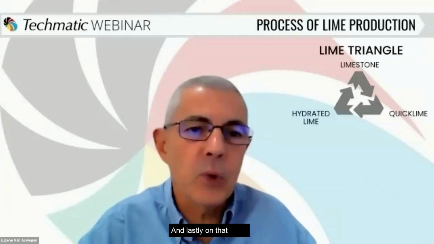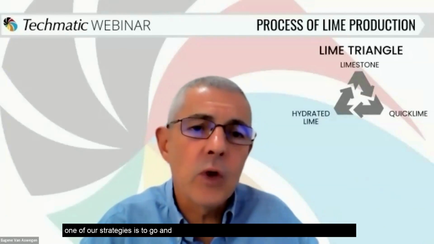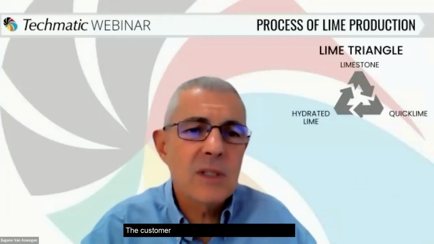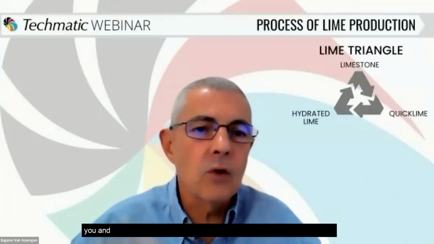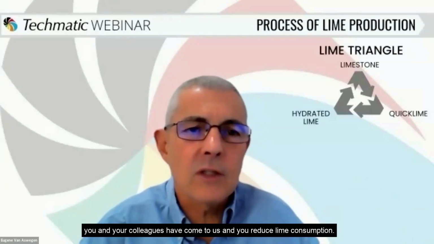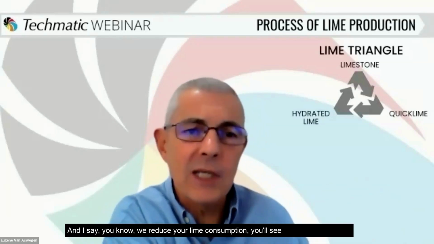And lastly, on that point, one of our strategies is to go and work with a customer to reduce their lime consumption. And the customer says, but I don't understand, Eugene. You and your colleagues come to us and you reduce lime consumption. And we say, if we reduce your lime consumption, you'll see it on the bottom line.